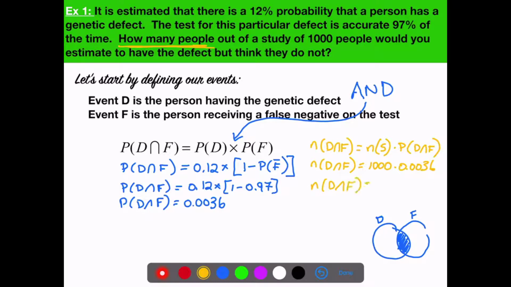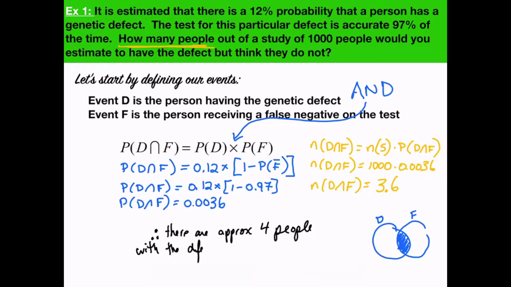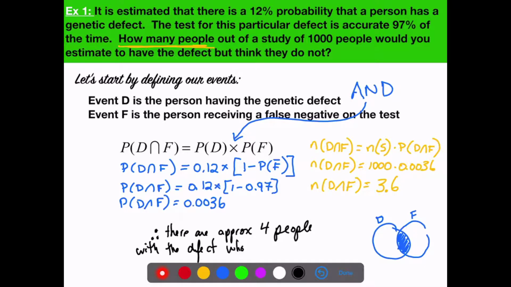And that ends up equaling 3.6 people. So therefore, there are approximately 4 people with the defect who think they don't have it.